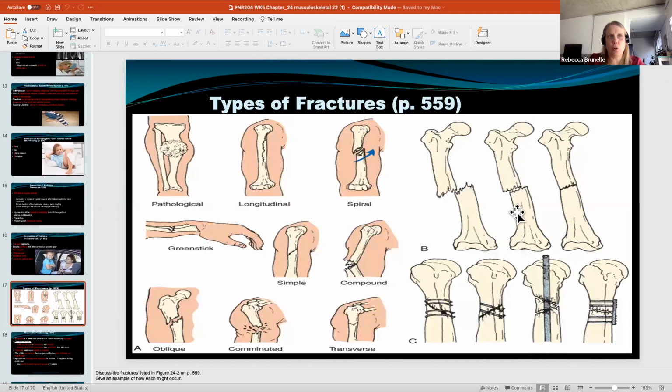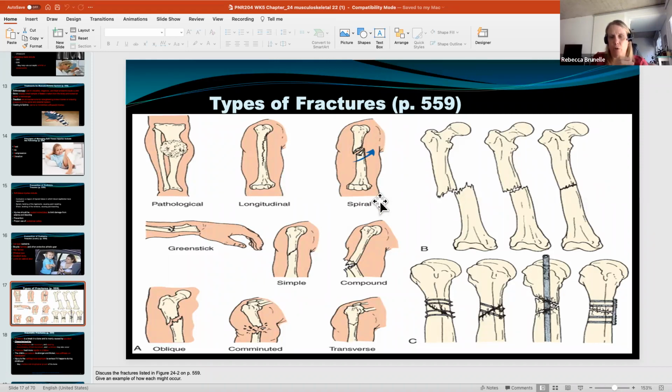So these are a bunch of different types of fractures, but I want to point out a couple of them to you. Does everyone see this one in the corner that says spiral and has the blue arrow? Spiral would be when someone grabs the bone with their hands and twists in opposite directions. This type of fracture is associated with child abuse.